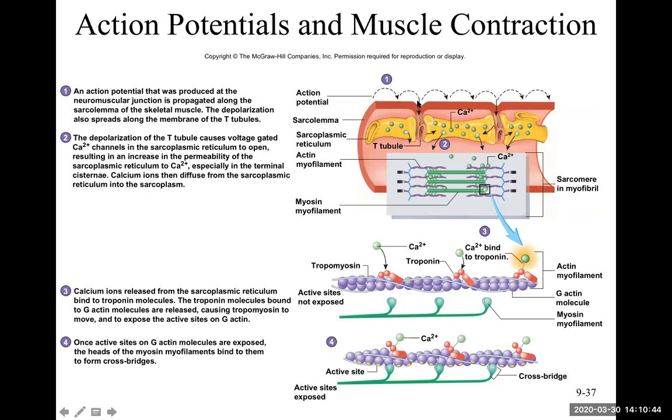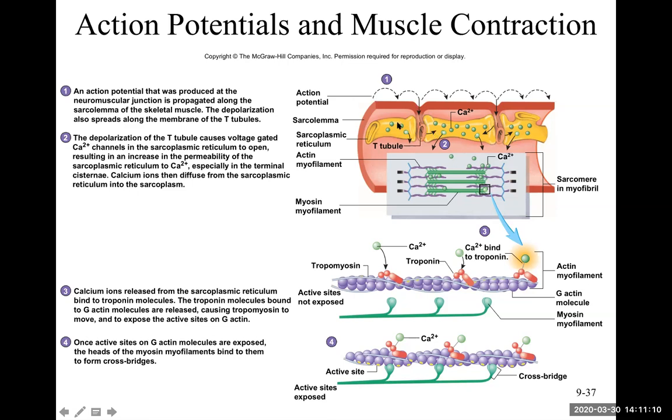It hits a transverse tubule. Remember, this is where transverse tubules become very important. The transverse tubules are parts of the plasma membrane that get pushed inside. It's part of what we call a triad, a combination of one transverse tubule and the sarcoplasmic reticulum on each side.